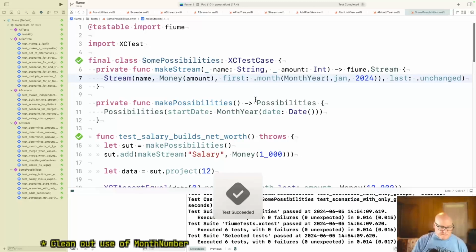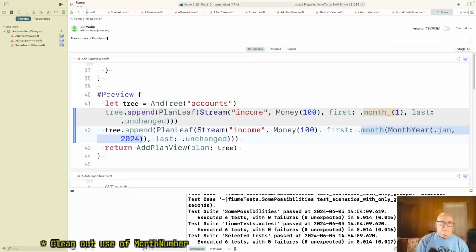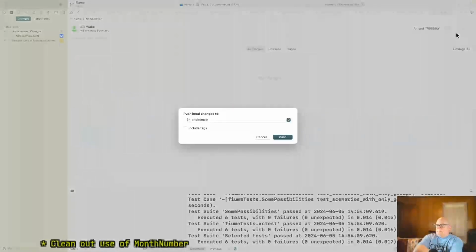Okay. Yeah. I mean, the only thing you can do, well, if I made an extension on int, can I give it fields like that?